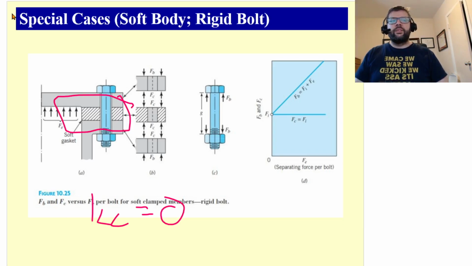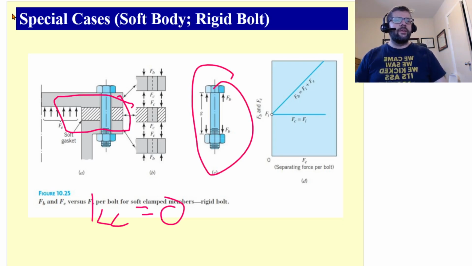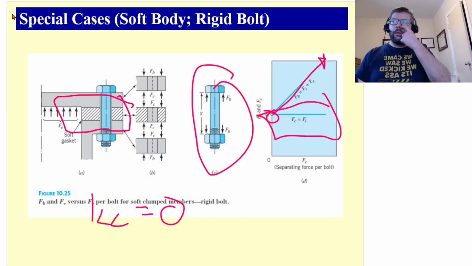So with a soft gasket and steel bolt, you tighten it up to a certain amount, and then any additional load applied all goes towards the bolt, whereas the compression in the joint stays the same.